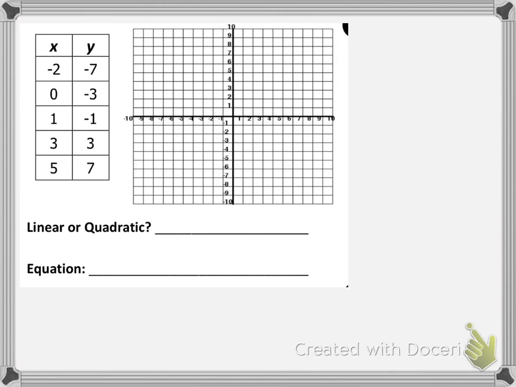Okay, so let's look here. If I've got this going on here, so -2, -7, we're going to plot a point at -2, -7. Then we're going to plot a point at 0, -3, one at 1, -1, one at 3, 3, and then 5, 7.